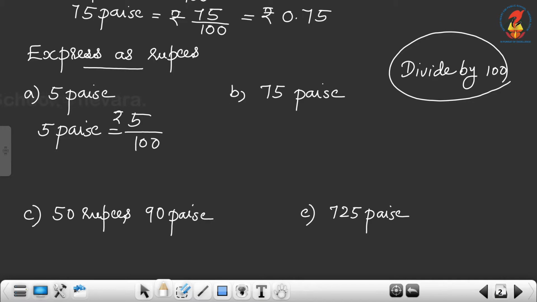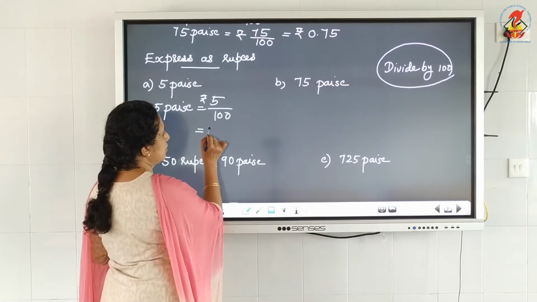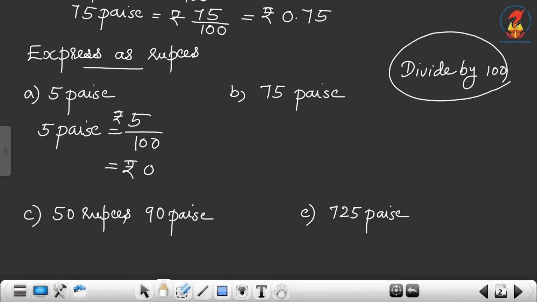If you want to convert, you have to divide by 100. 5 by 100 is equal to rupees 0.05.